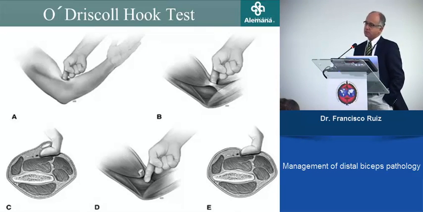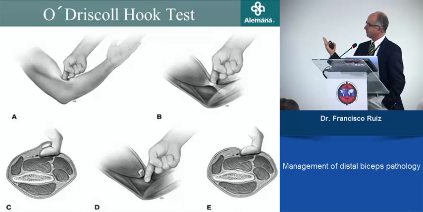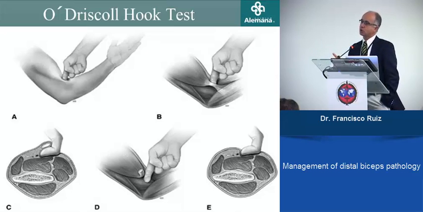And that's why O'Driscoll taught us this sign that is very helpful. It's the O'Driscoll hook test, and we can do it having the forearm in full supination, in flexion, 90 degrees, and with our fingers, we go from lateral to medial, trying to grab this cord-like structure.